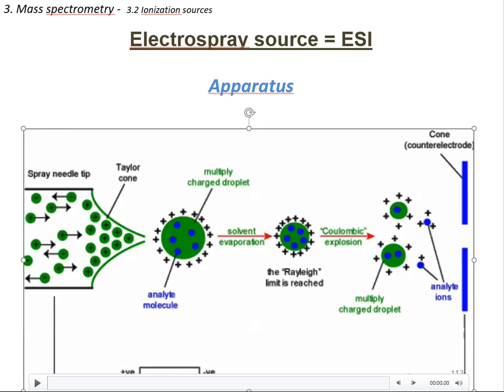And the droplet is divided into two smaller droplets. And the process continues until you have single molecules with charges. And these charged molecules are taken in charge by electrostatic fields that will bring them into the mass analyzer and finally to the detector.